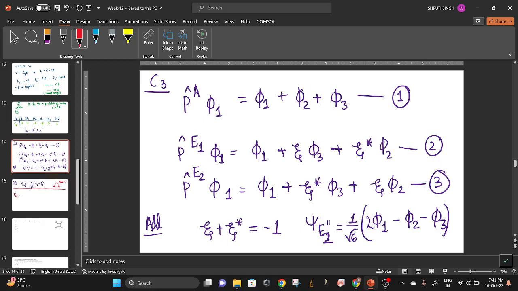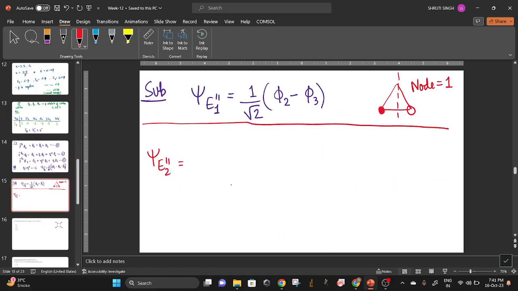and psi 1 is twice the magnitude. So this is positive but bigger, this is negative, this is negative.